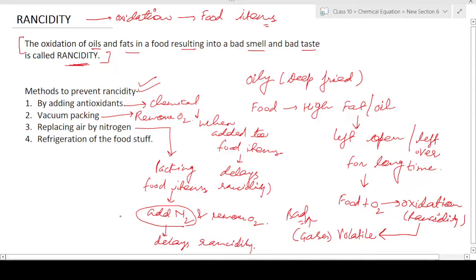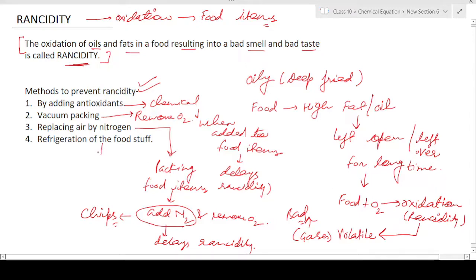Generally we see it in the case of chips packets. The lot of air which you see inside a packet of chips is actually nitrogen gas, because nitrogen gas does not allow the oxidation of the food, and that is why it prevents rancidity.